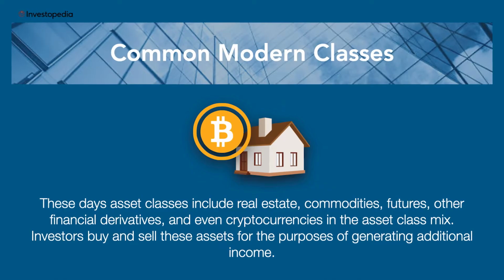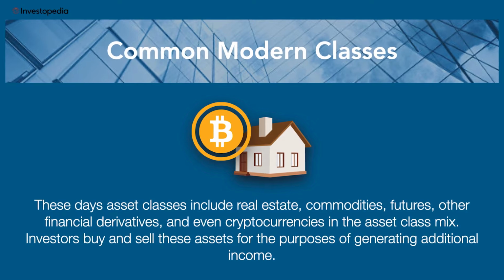Okay, family, so now we just went over the common traditional asset classes that we hear about every day. We're now going to step into the space where we go beyond that, right? We add this on top of that for certain folks. And this is important to understand what the modern asset classes look like that could really help you turbocharge your wealth. So these days, asset classes include real estate. Now, when you have a fiduciary, they may talk about a REIT.